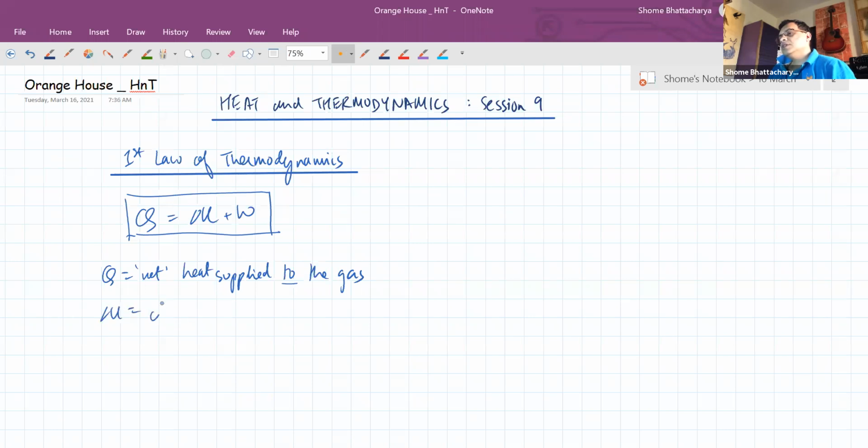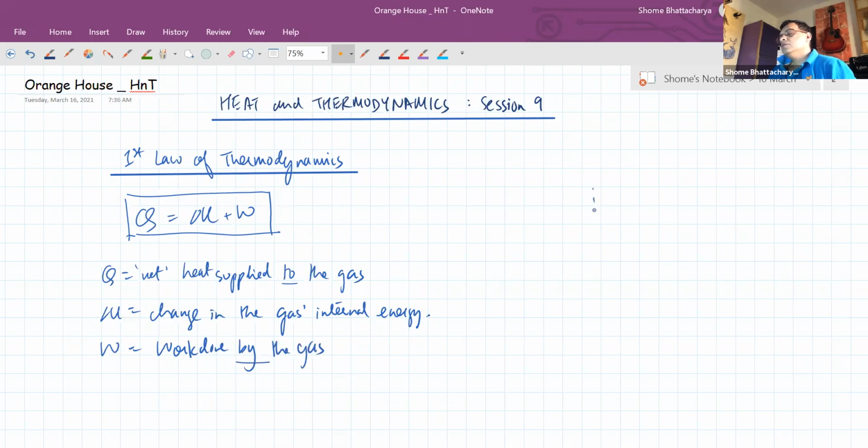Delta U is the change in internal energy. And W is the work done by the gas.